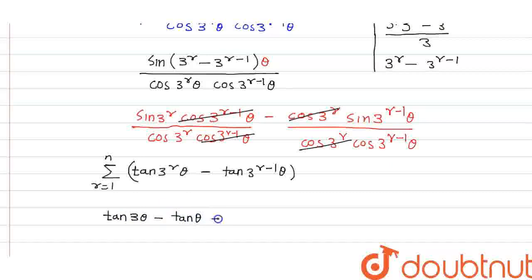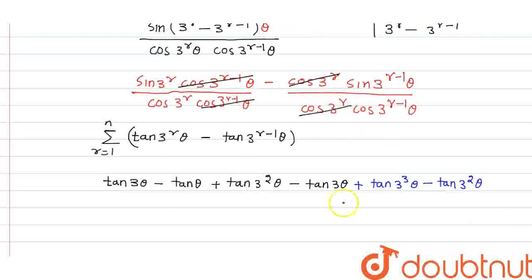The next term, if we substitute r is equal to 2, becomes tan 3 square theta minus tan 3 theta. If we substitute r is equal to 3, this becomes tan 3 cube theta minus tan 3 square theta.